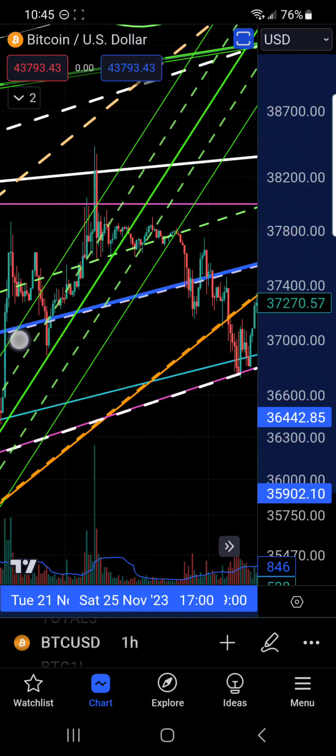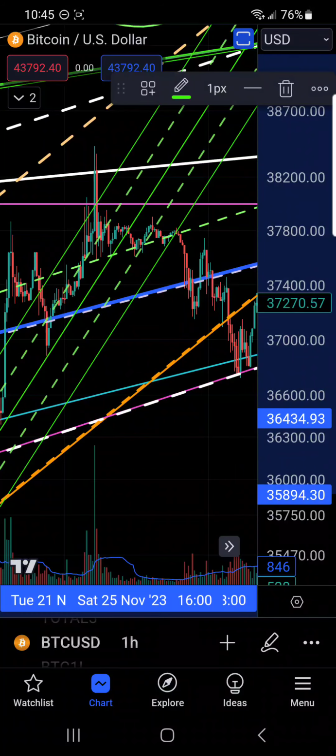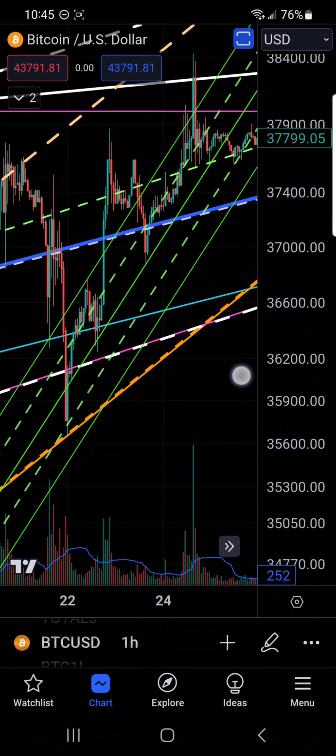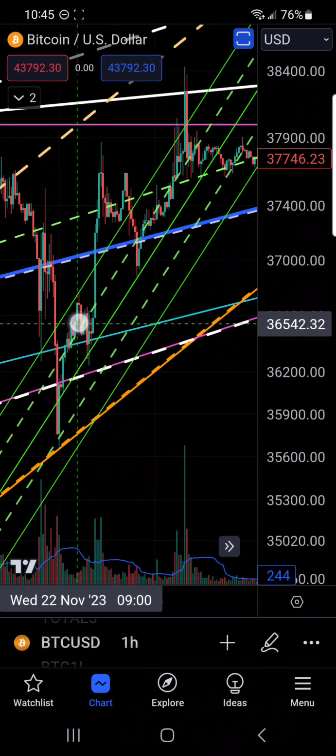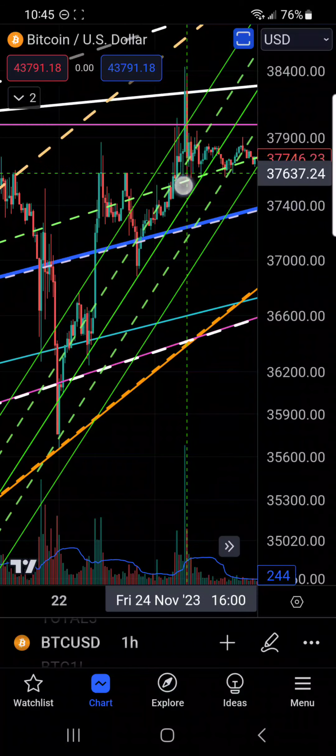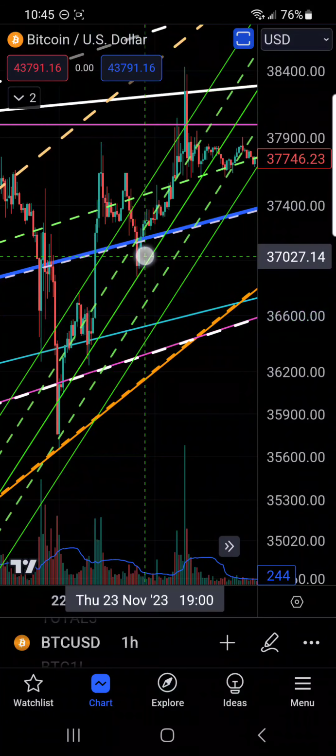Our chart just can't be busy enough, can it? We need to add more lines to it. There we go. Now you can see the price action right there in that channel as we traded right along the center line, pretty closely there.